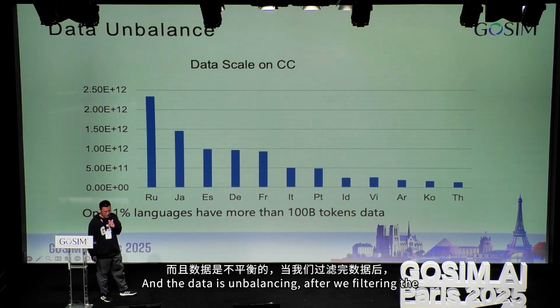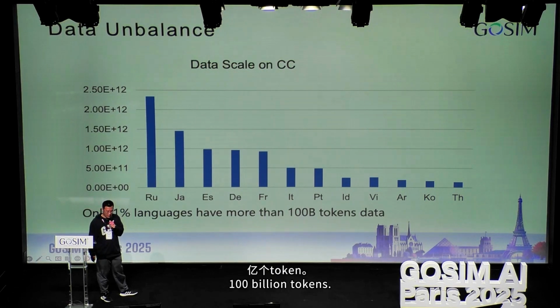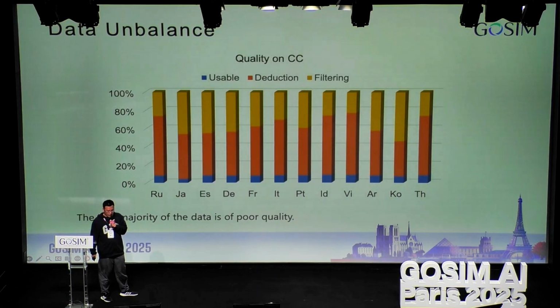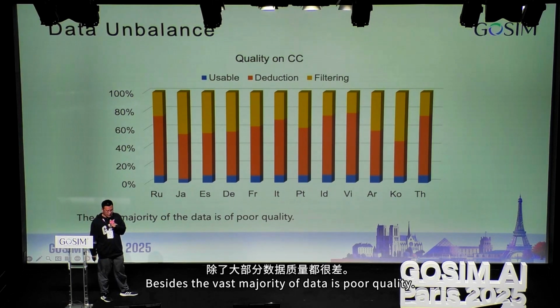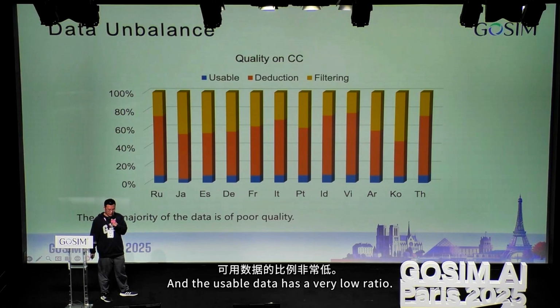After we filtered the data, we found that from Common Crawl, only 1% of languages have more than 100 billion tokens. Besides, the vast majority of data is of poor quality. Most of the data is duplicated or has low quality and should be filtered, and the usable data has a very low ratio.